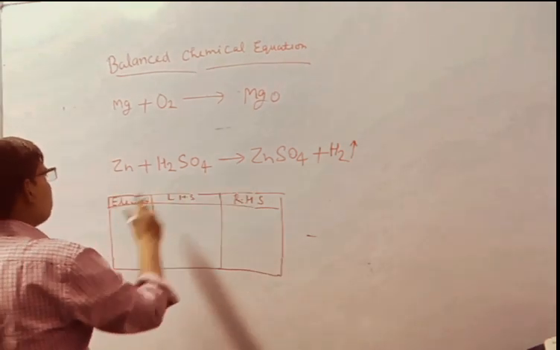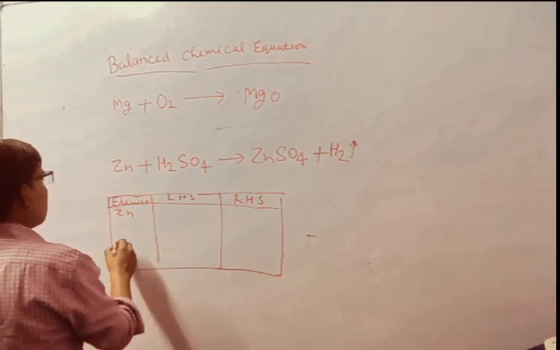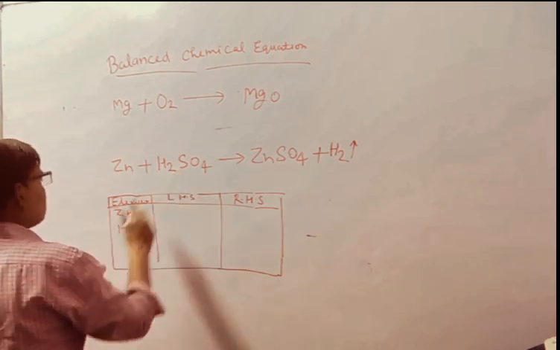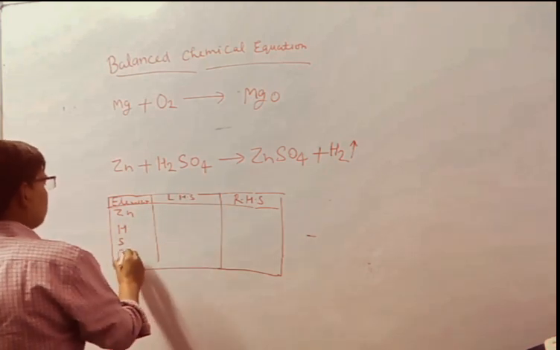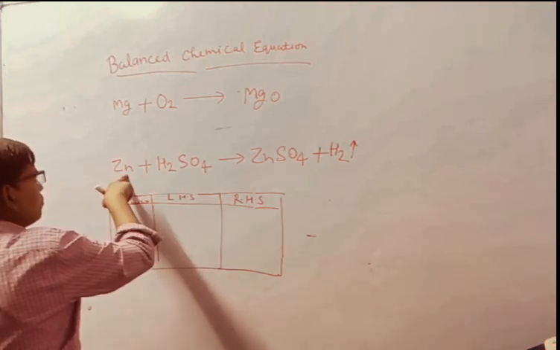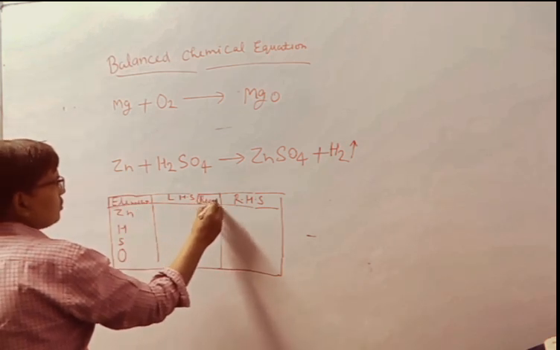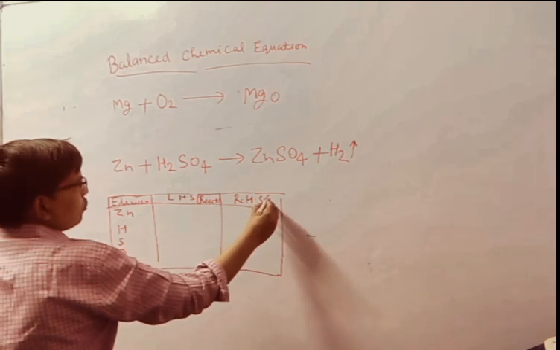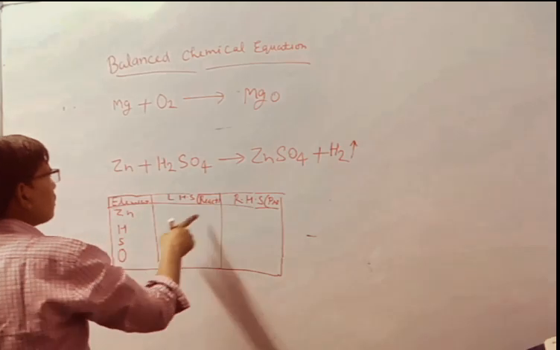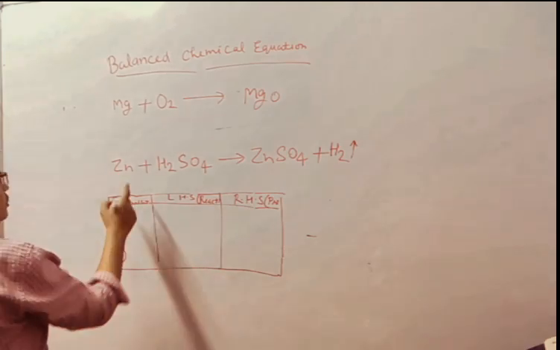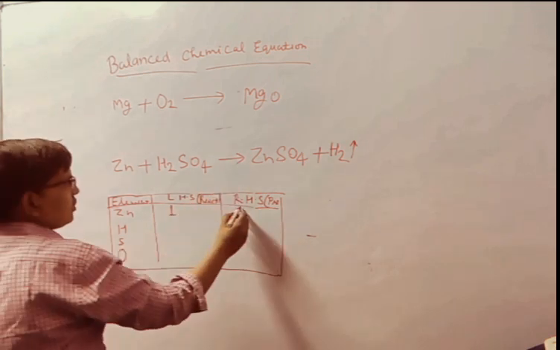Here, if we take the example, first the zinc, second the hydrogen, third the sulfur, and the fourth one is the oxygen. The left hand side means the reactant side, and the right hand side means the product side. If we compare the number of elements, zinc is 1 on the left hand side and also 1 on the right hand side.